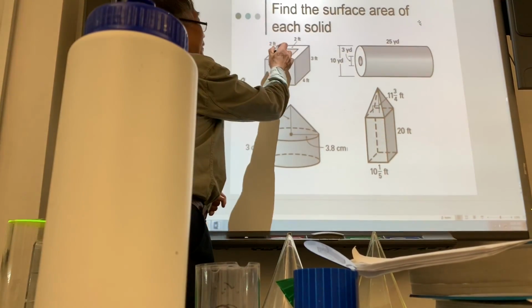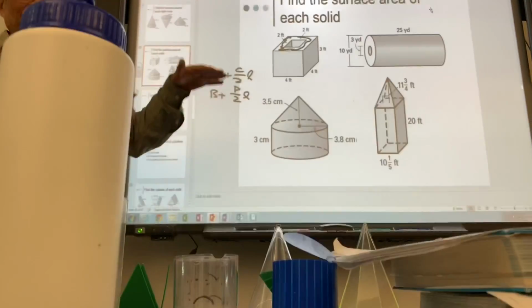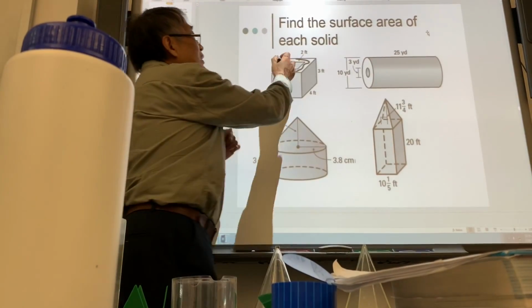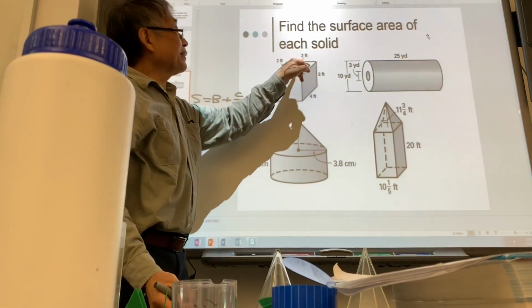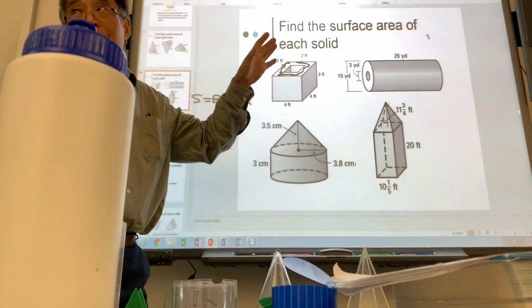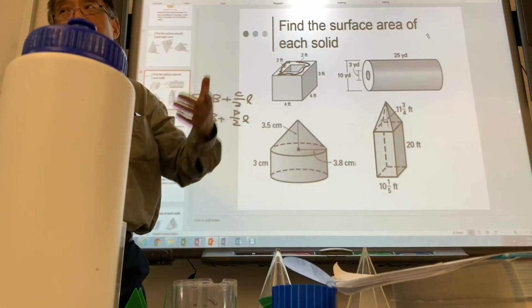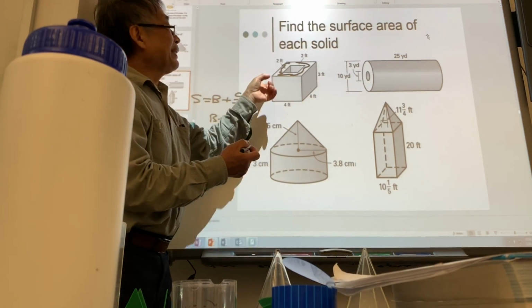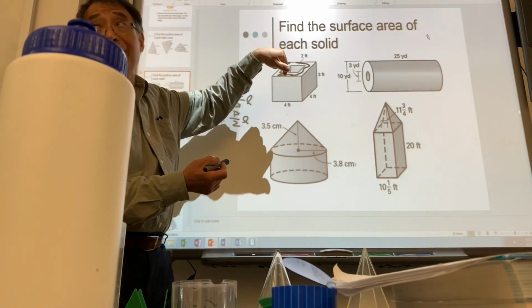Now, for a question like this, how do we find the surface area? You have to find this base area times 2. How do you get this part? You find the big square area minus the inside square area. That is 1 base, times 2. Look at the board, please. Outside is lateral, inside is also lateral.